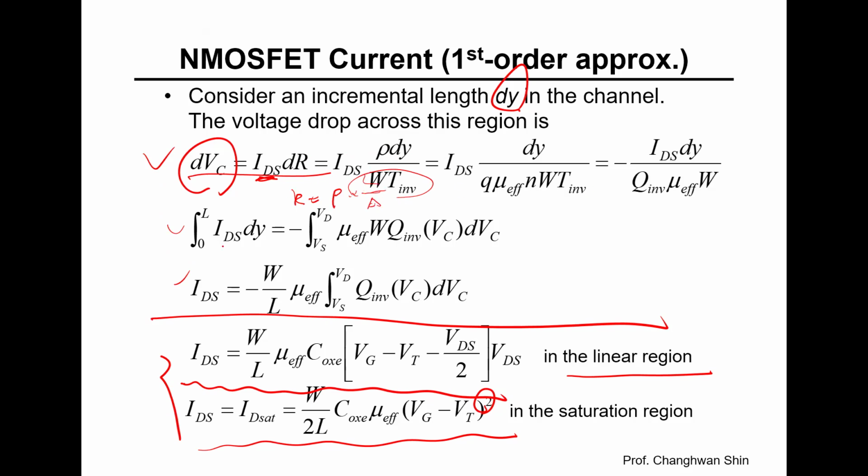So you may develop the whole equation. By integrating both sides, you may end up with the total drain to source current, and that can be described with this equation. Depending on whether the drain voltage is high enough or small enough, you may separate two different regions. Okay.